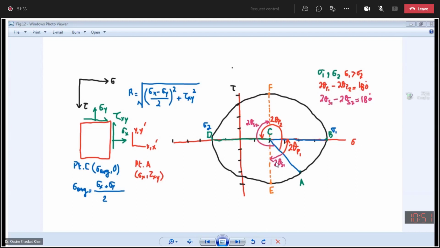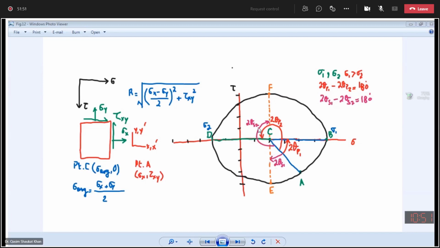So whatever value you have got here, let's say you have got 50 degrees, this will be 90 minus 50. So 2 theta S1 will be 40 degrees.